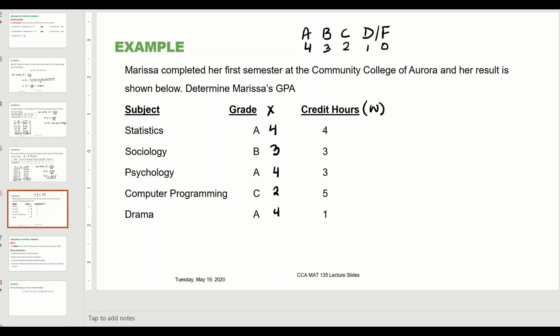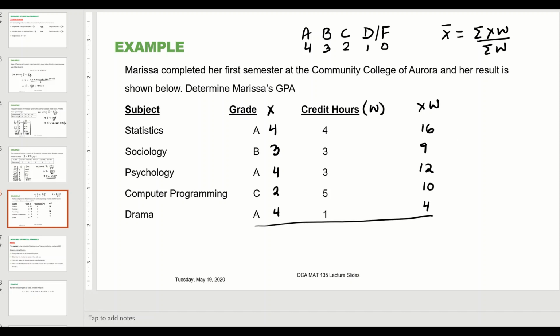Now, if you remember the formula to calculate the mean for weights given like this, it is the sum of X times W divided by the sum of W. So you have X here, you have W here. In the next column, we need X times W. So 4 times 4 is 16, 3 times 3 is 9, 3 times 4 is 12, 2 times 5 is 10, 4 times 1 is 4.